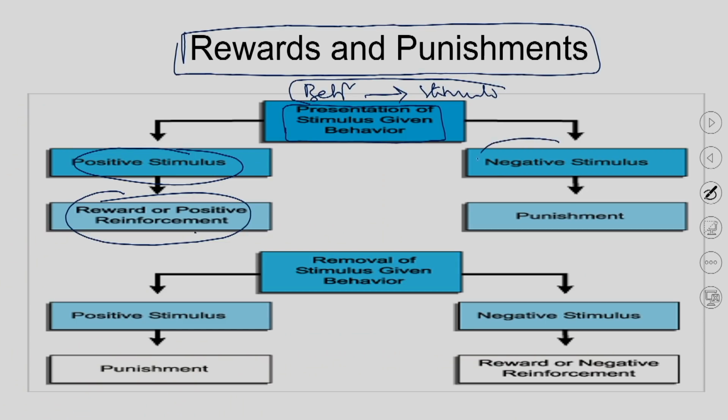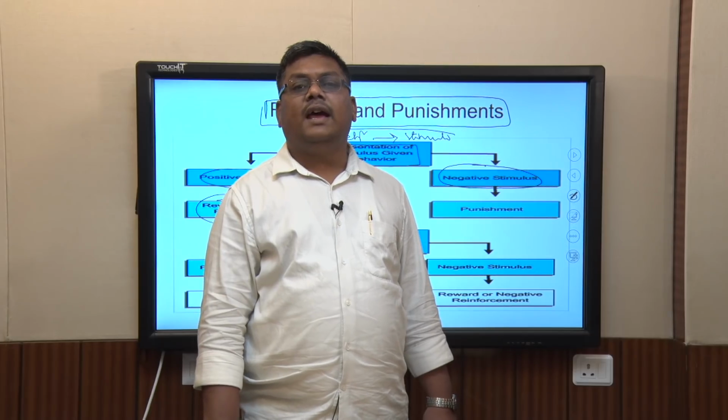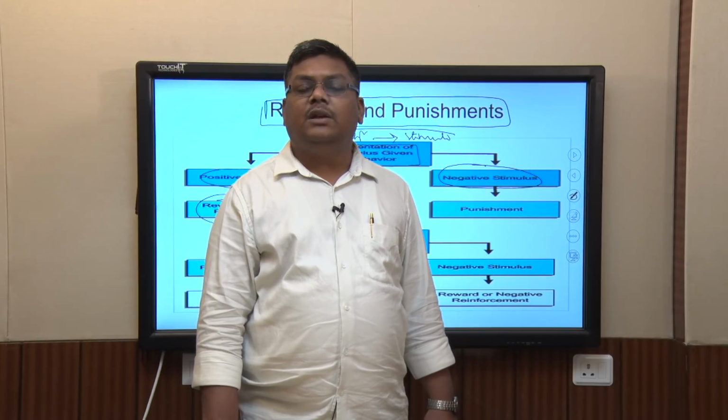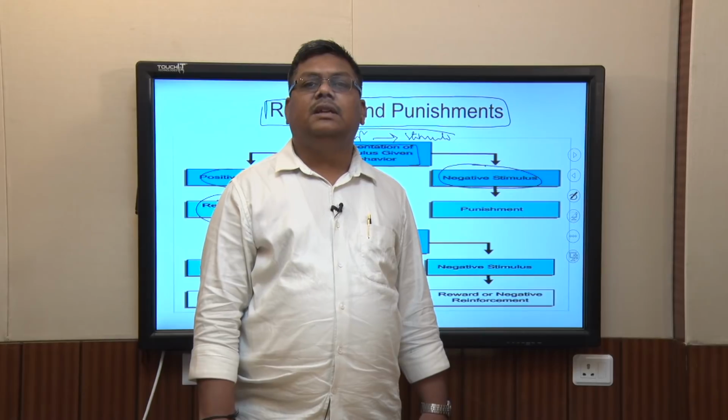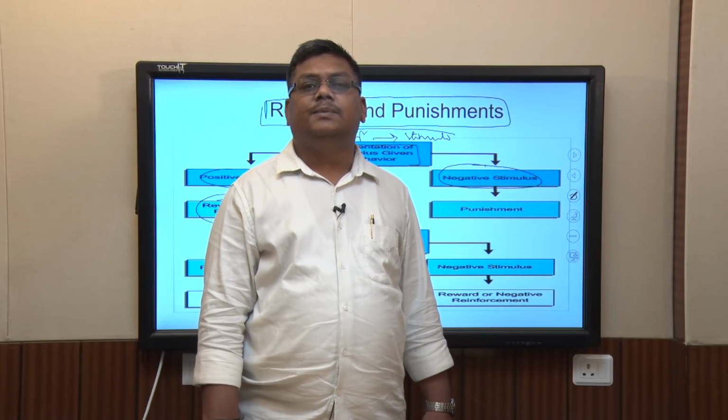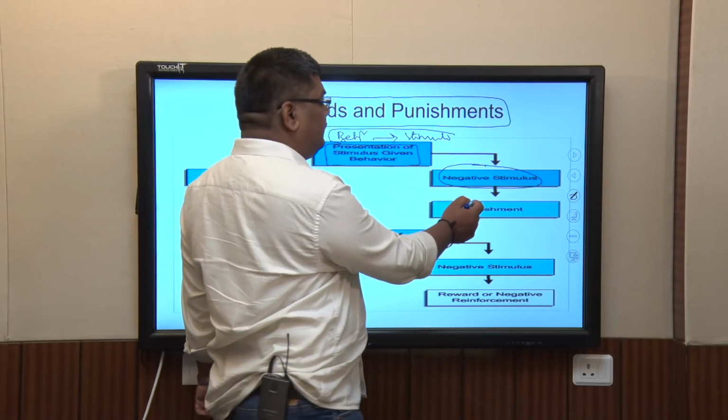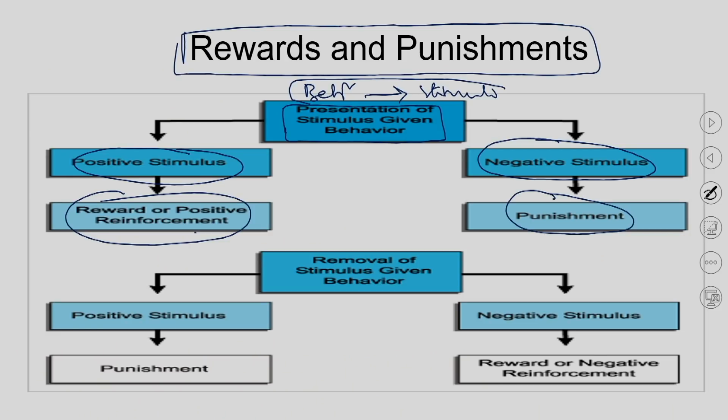If you do a particular behavior and a negative stimulus follows, for example, you go to a shop and buy something, and after using it, it gives you a shock, or you realize that it is broken, this is called punishment.